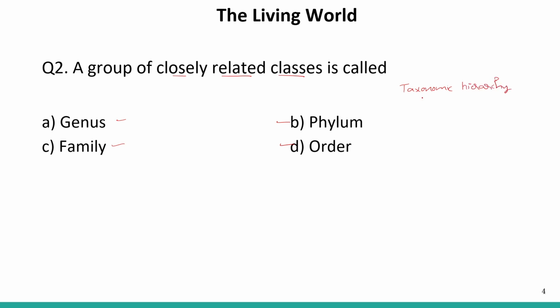How can we define this hierarchy? Stepwise arrangement of the categories. Simply we can define it as stepwise arrangement of various taxonomic categories.